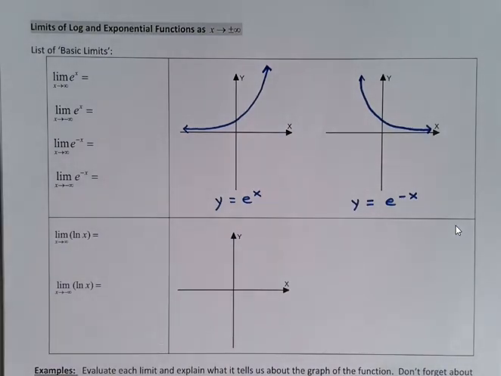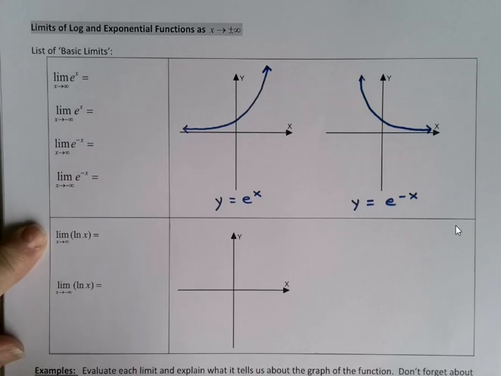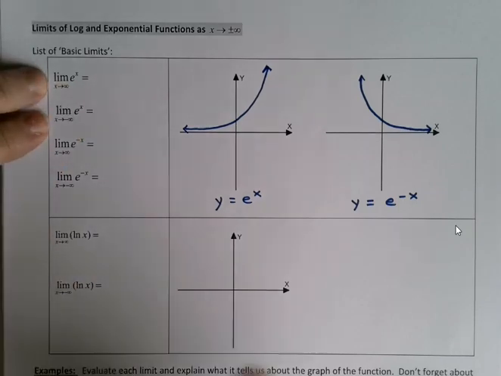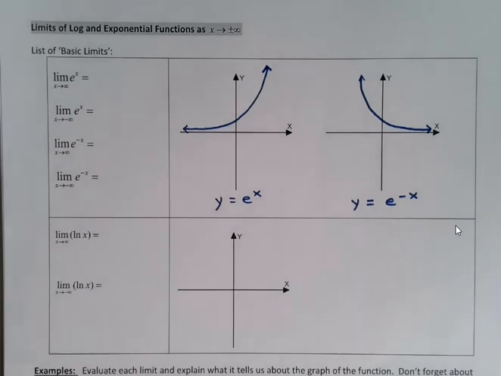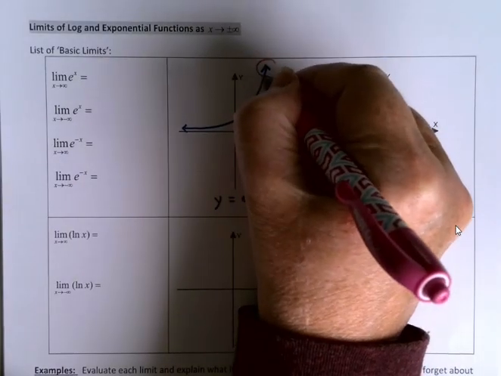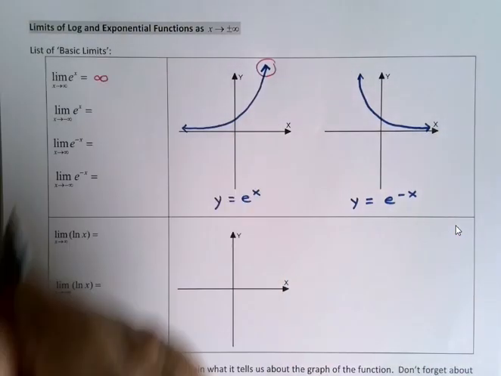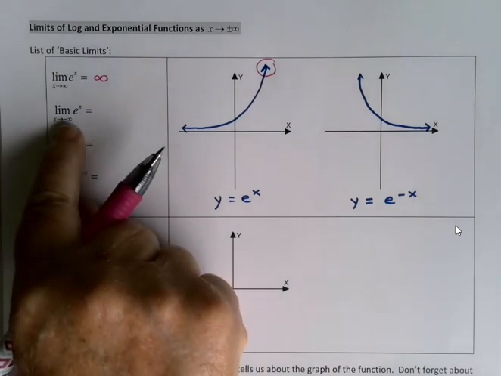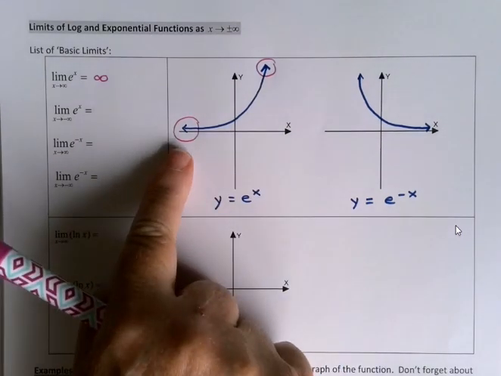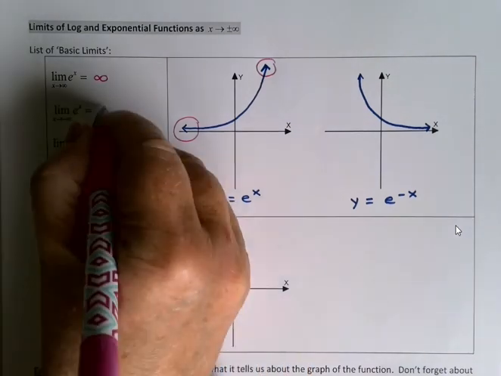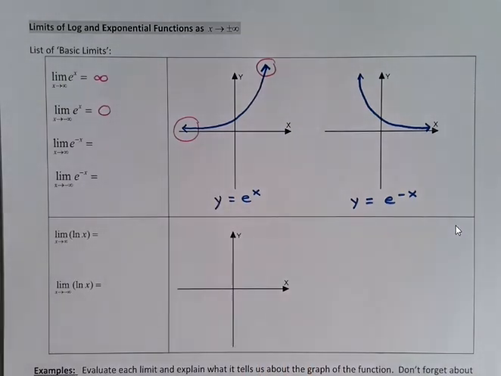Based off of those graphs, let's fill in our limits. These first two are for the e to the x function. As x goes to infinity, y goes to infinity. As x goes to negative infinity, y is approaching the horizontal asymptote at 0.